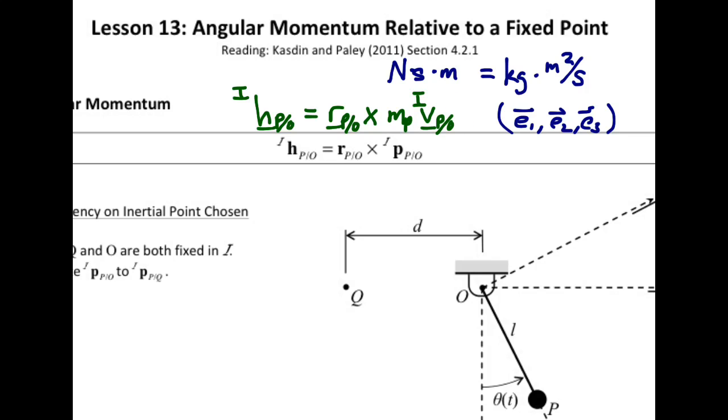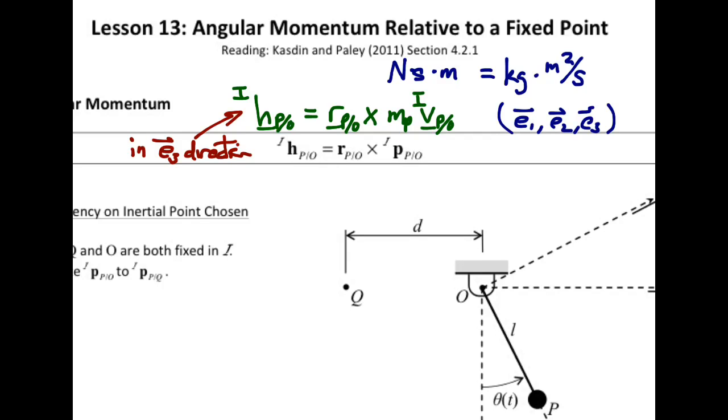And that's going to give us a vector that's pointed in the E3 direction. So in planar problems, our angular momentum, this h of mass P with respect to point O as observed in the inertial reference frame, is always going to be in the E3 direction, or in the negative E3 direction, and we'll let the scalar tell us that.